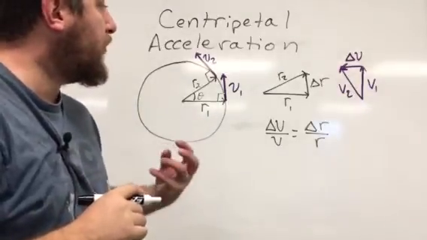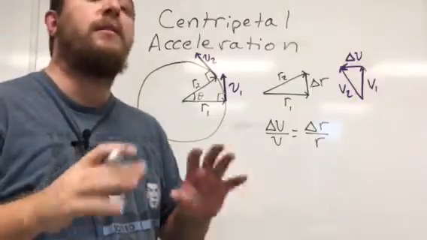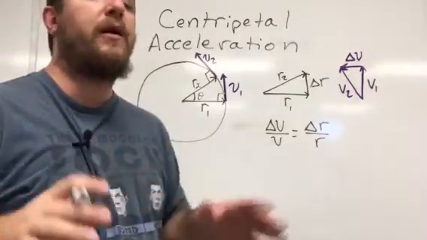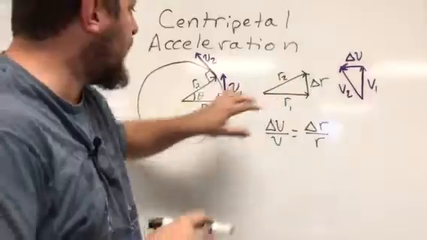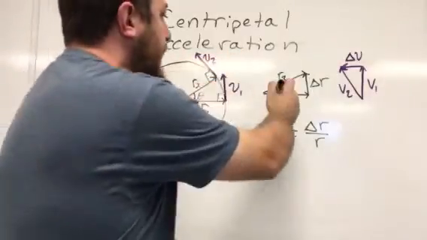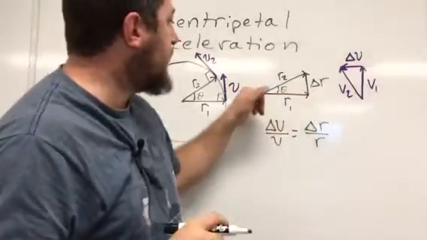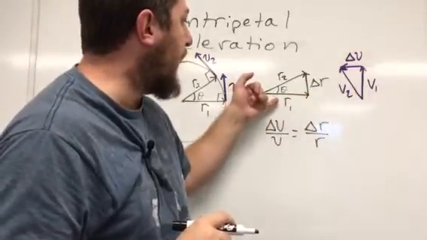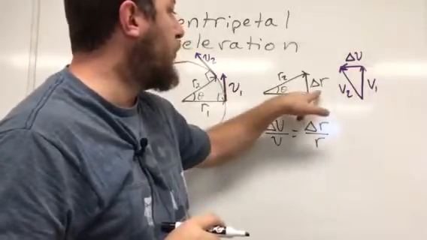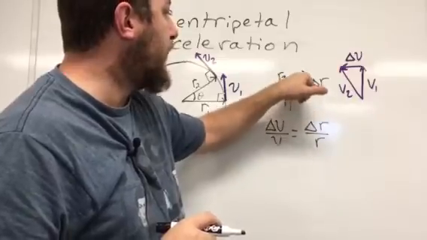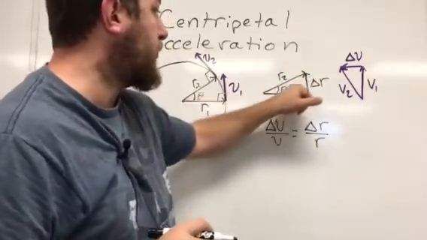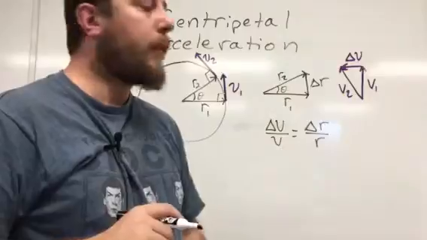So remember that vectors we can move around with impunity. If I look at my initial triangle here, and I just transpose it over to here, what we have is a triangle with my three sides, R1, R2, and the displacement vector between the two, called delta r.